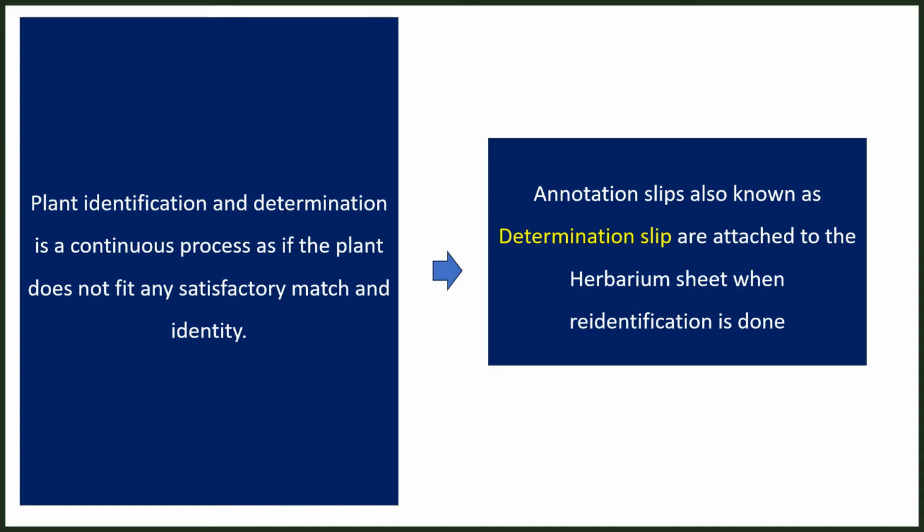What this determination slip does is tell you that this herbarium specimen has had its species identity changed by a certain person because of a particular key character, with a particular number for that, and the name of the person who changed its identity, as the re-identification is done. So this is how it is a continuous process.